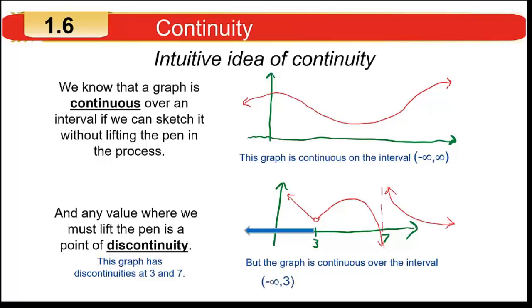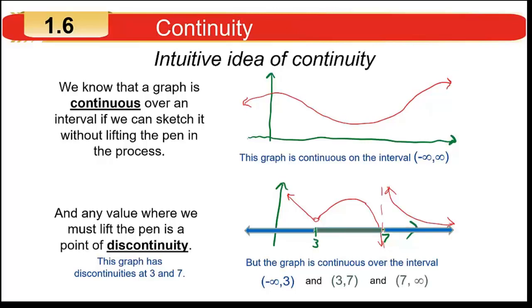So I could say that this graph, although it has 2 discontinuities, is discontinuous at 3, but to the left of 3 is continuous. So from minus infinity until it gets up to 3, there's continuity for that piece. And then between 3 and 7, there's continuity. You can draw that segment of the graph without lifting your pen from the paper.